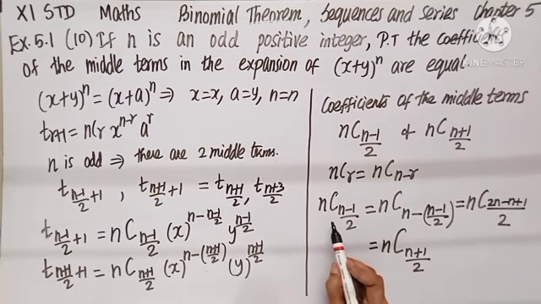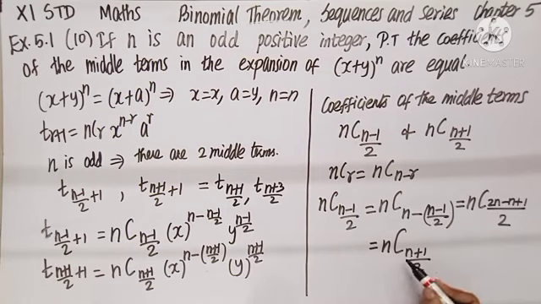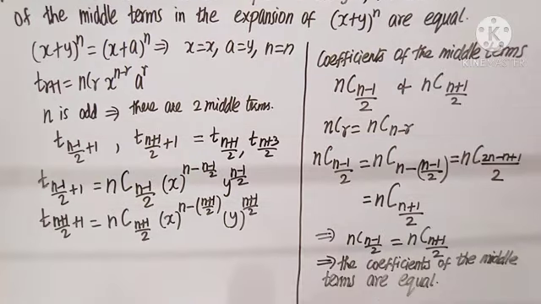I started with n C (n minus 1 by 2) and I ended with n C (n plus 1 by 2). Hence we declare the coefficients of the middle terms are equal, and hence the problem.